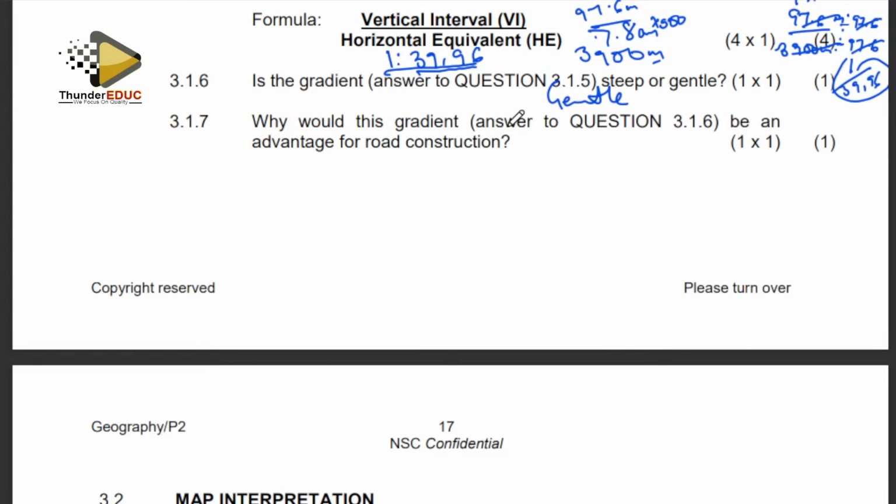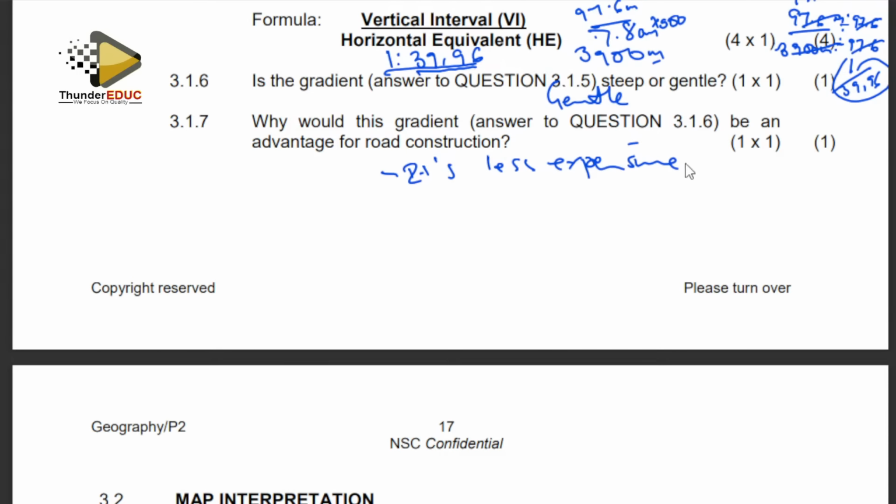So why would this gradient in that above be an advantage to the road construction? You see, if you're constructing a road, you can easily construct it where it is gentle. Why? Because it is less expensive to construct.